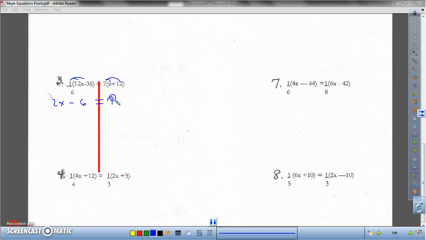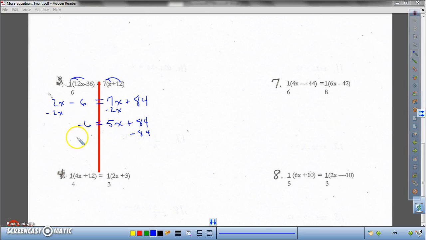Over here, I'm going to end up with a 7x plus, not 86, 84. Okay, then get rid of the variable on one side or the other. Does not matter which. This is going to bring down your negative 6. 7 minus 2 is 5. Your 84 comes down.